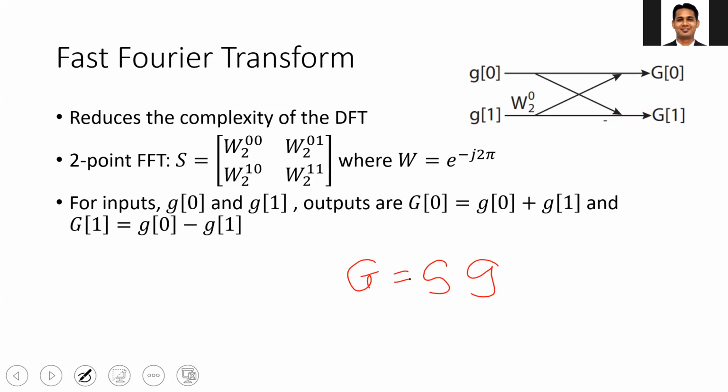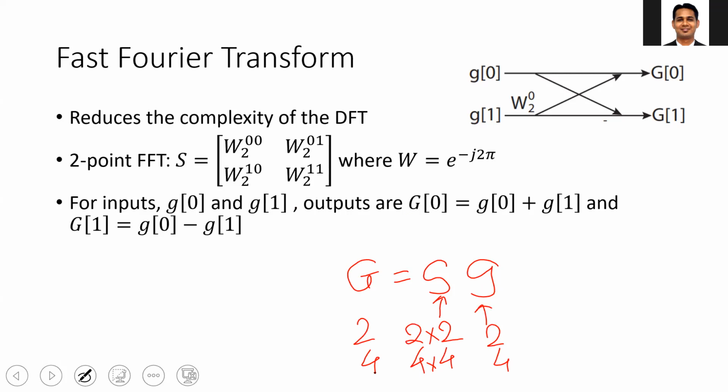Now this S is a square matrix, and its size depends upon the size of the FFT. So if you are doing the 2-point FFT, you get a 2 cross 2. If you are doing a 4-point FFT, it is a 4 cross 4 matrix. This is the input vector. It can be 2 cross 1 or 4 cross 1 and so on. And the output size is the same as the input size.